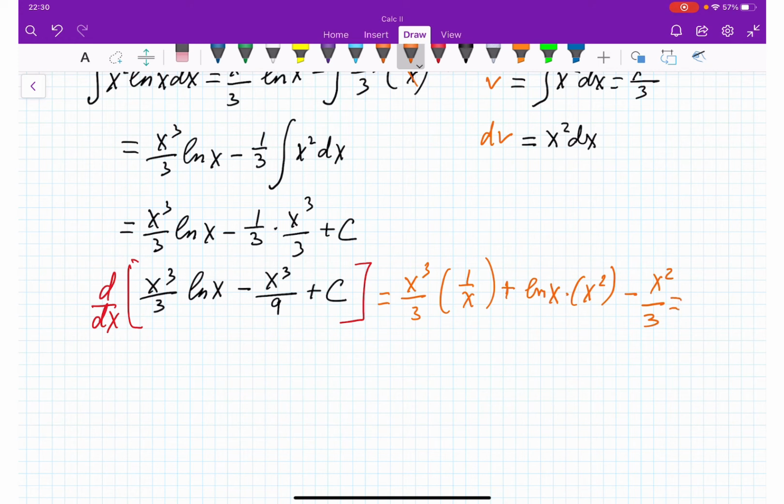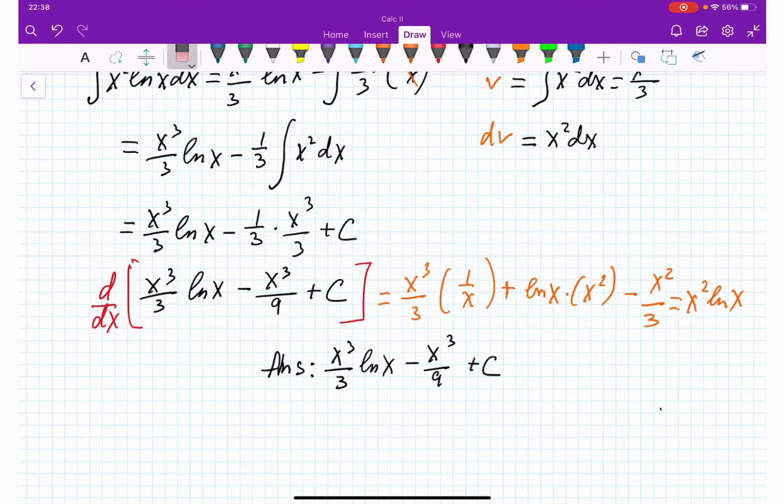So this is going to be equal x squared natural log x. Okay, which is what we have. So the answer here for this question is going to be x cubed over 3 natural log x minus x cubed over 9 plus c.